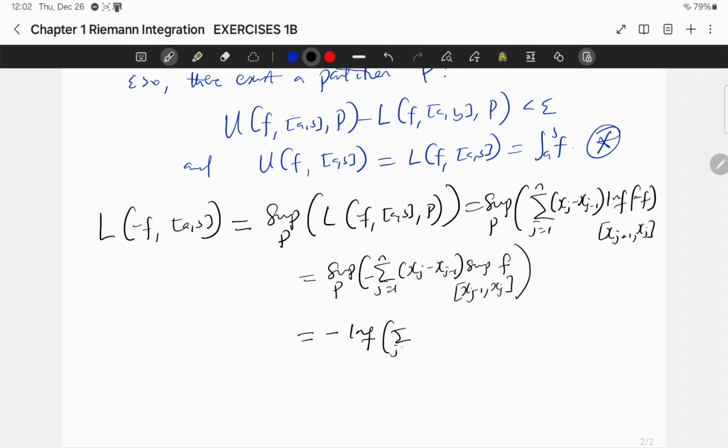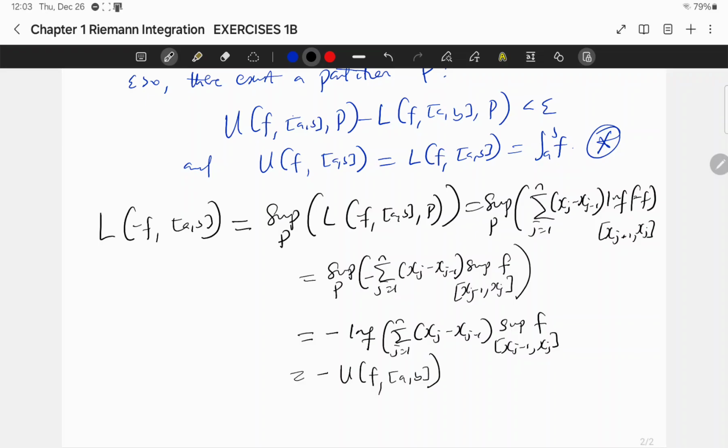Infimum over P of the summation j equals 1 to n of (s_j minus s_j minus 1) times sup of f on s_j minus 1, s_j, and this is the definition of the upper Riemann sum. Okay, and that is equal to minus U(f, a, b).